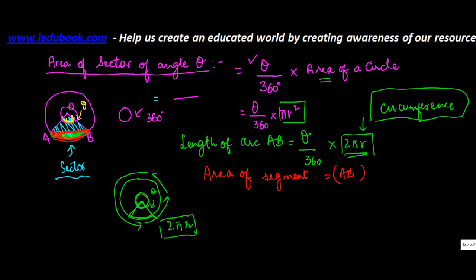The area of this segment is basically what? It is equal to the area of sector OAB, which is this area, minus the area of this triangle. Right?